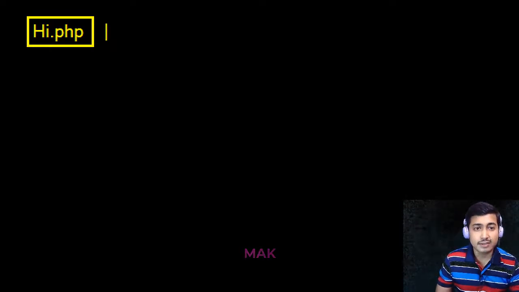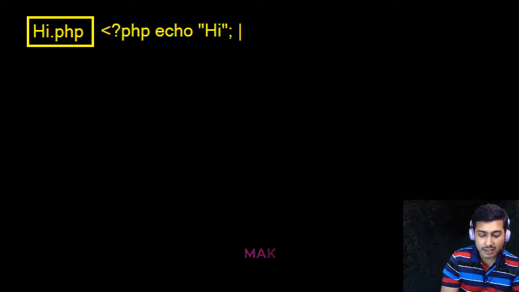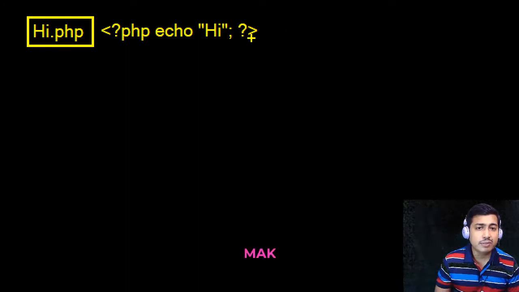The code is the PHP tag, and then echo, because I want to print something, and it is having only hi. This is the text, then closing this statement, and then closing the PHP tag. It is going to print only hi, and it is only one statement.